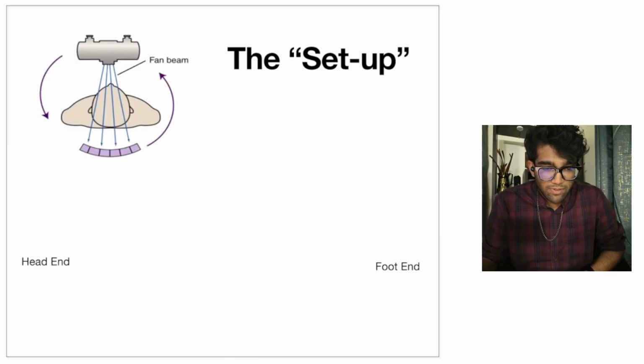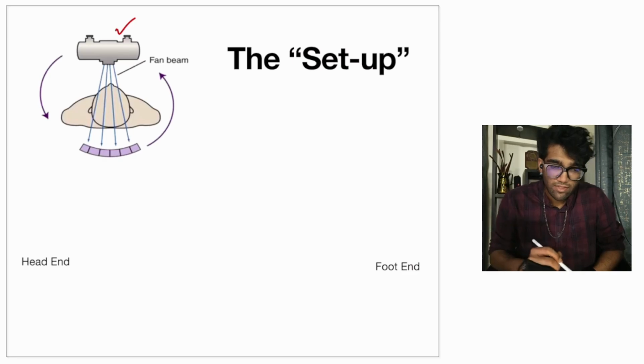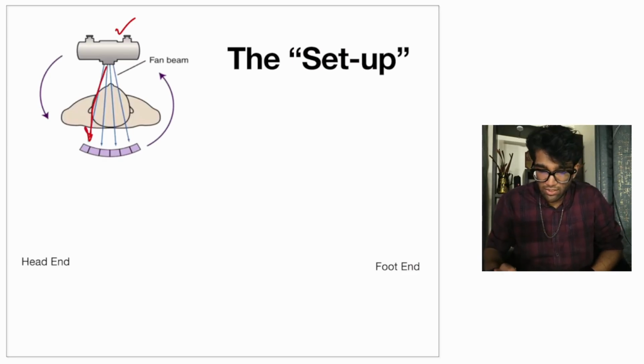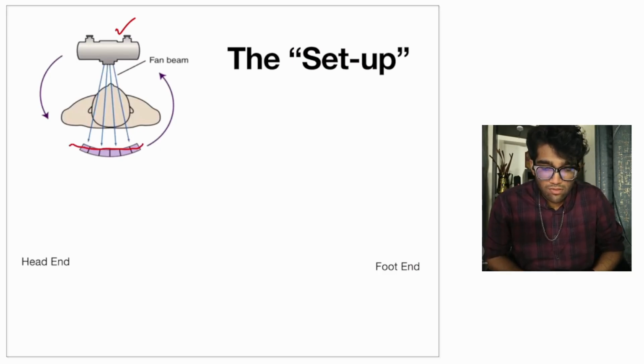The basic setup is that a patient has been placed inside a CT scan machine. A CT scan machine basically contains an X-ray source. This is your X-ray source, which passes X-ray beams through the patient, in this particular case in a fan beam geometry, and it is detected by some detectors located behind the patient.